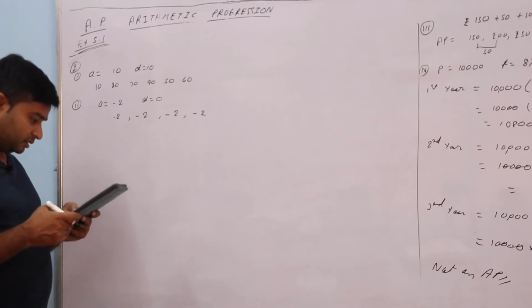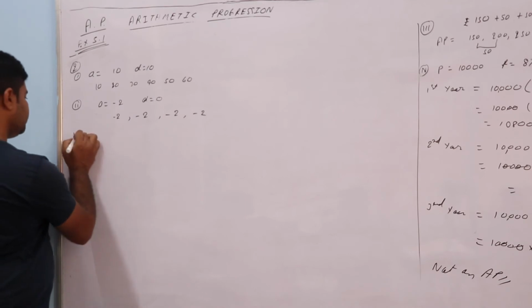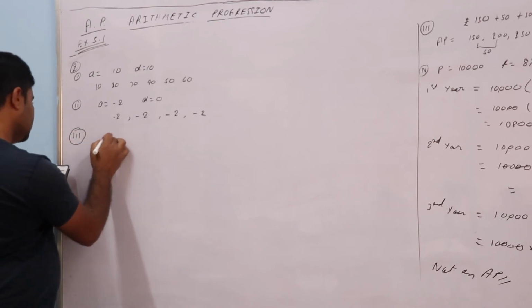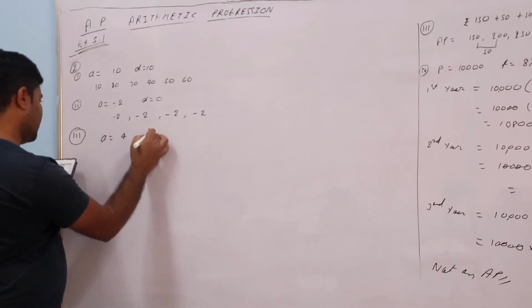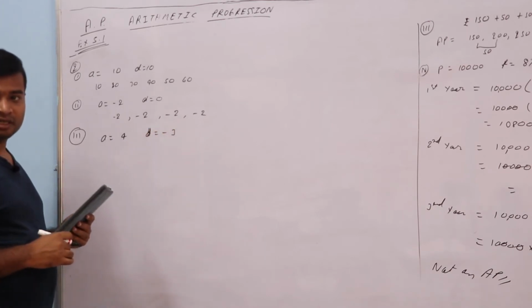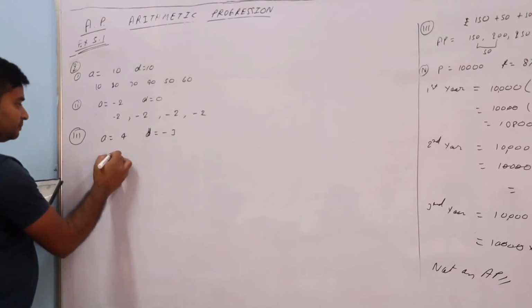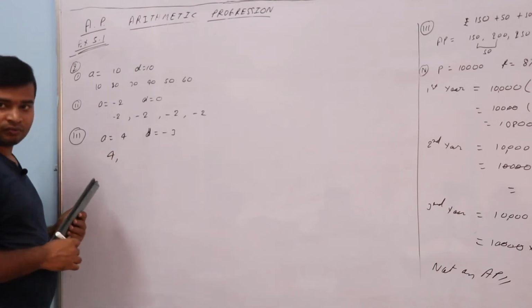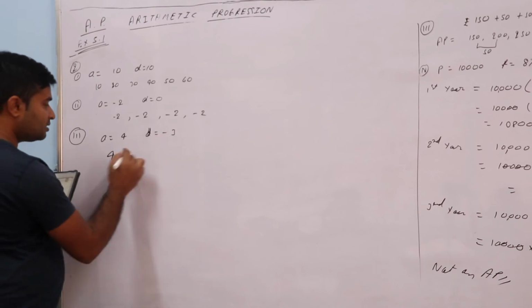Leave. So question number 3: A is equal to 4 and D is equal to minus 3. See, the first term is 4. Next term 4 minus 3, 1.